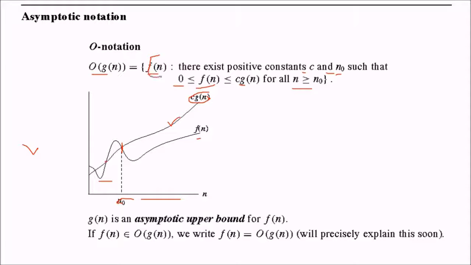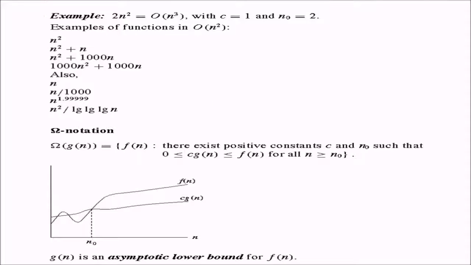So we are talking about fn, and we will be finding the upper bound of this fn. So gn is now called the asymptotic upper bound of this function fn, because it will always bound the function fn from above. So fn belongs to order of gn, and we just write fn is order of gn. Let us take an example. We have 2n square is equal to order of n cube, with c equal to 1 and n0 equal to 2.